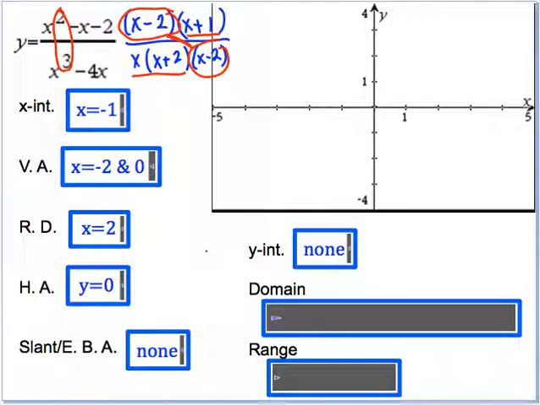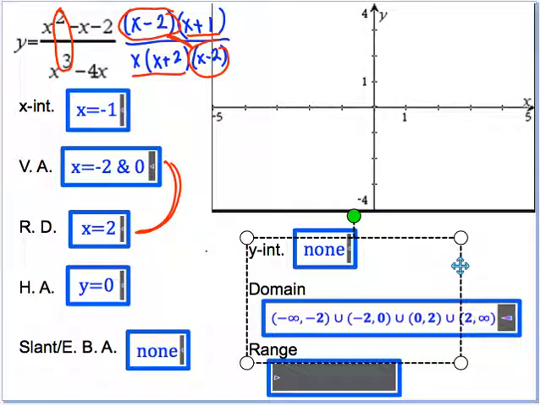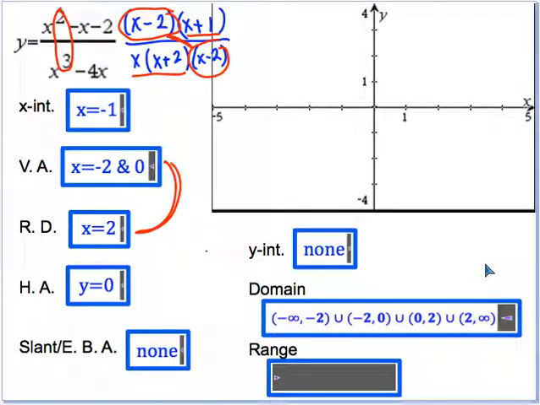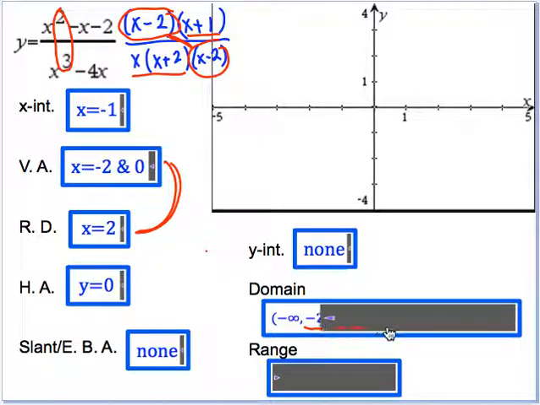Okay, and then what do I look at? I look at my vertical asymptotes and my removable discontinuity, these two things to figure out the domain, and then I can look at the graph to figure out the range. So for the domain, because I have a negative 2 here, then it's going to be from negative infinity to negative 2, and then the break because of that, and then 0 is your next number.